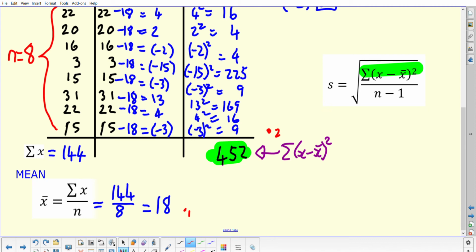Now what you need to be able to do is start calculating the standard deviation, and you get this formula off the formula list. So you will be subbing in to this, so you're going to have 452 over, now n minus 1 means it's going to be 1 less than the n number, so here we would be dividing by 7.